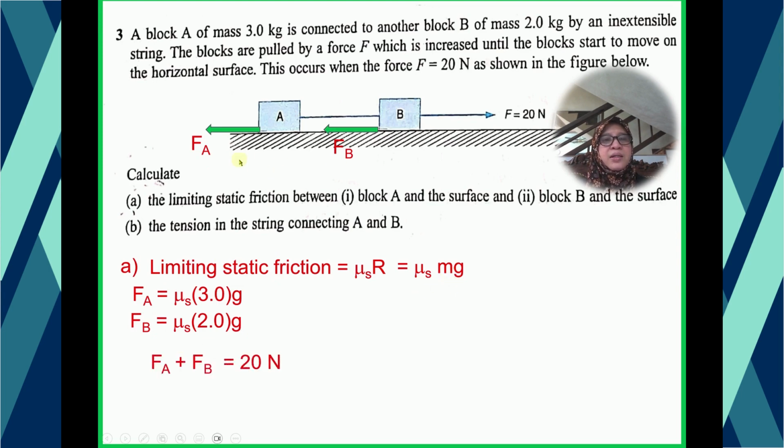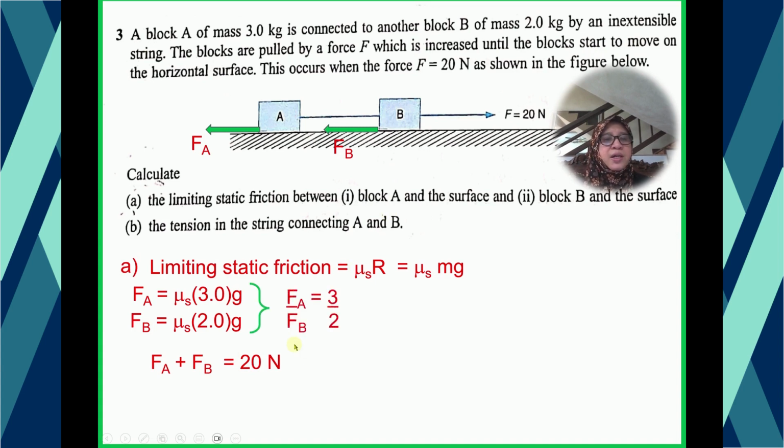Then the total frictional force, Fa plus Fb, is equal to 20 Newton. These two are the limiting static friction, so the total of these forces is equal to 20 Newton. Why are they equal? Again, I repeat, because this force is increased until it reaches 20 Newton, and the blocks start to move on the horizontal surface.